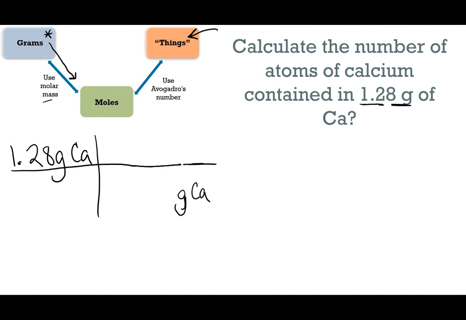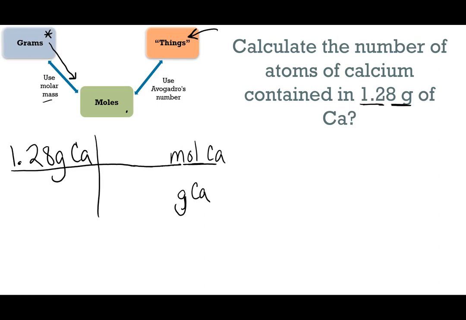Grams of calcium. And what unit is going to go on the top? What's our first destination, our first stop? So here's where the map is helpful. So our first stop is moles. So we're going to do moles of calcium here.